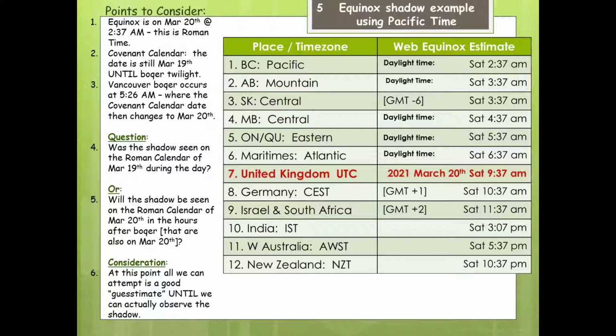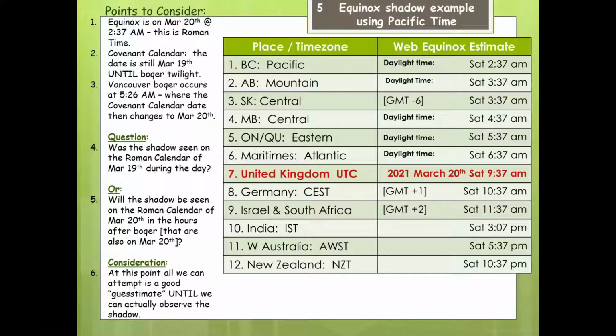And if we're not watching our shadows and we don't have our sundial set up, we won't know the answer. I have not had time to do this, and I have not got a spot to do this. I'm depending, I think Tim is too, on some other people watching these shadows, helping us to get this part figured out. So a consideration, point number 6: at this point, all we can attempt is a good guesstimate until we can actually observe the shadow.